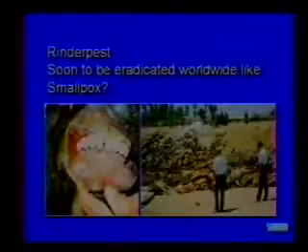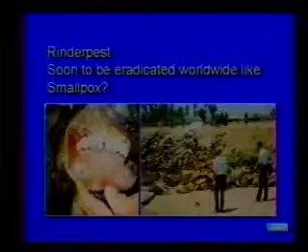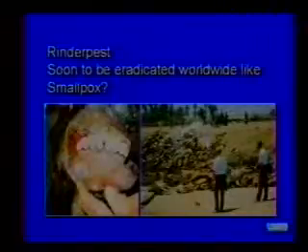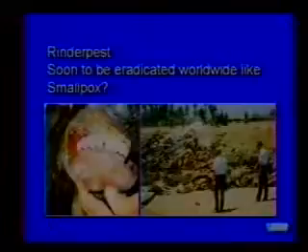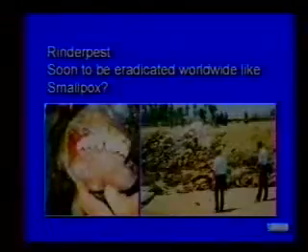Rinderpest causes, in contrast with foot and mouth disease, which does not cause extensive death but, as you all know, causes a protracted convalescence, rinderpest kills, and about 80 to 90% of cattle can die during an epidemic. Here on the right you see dead cattle in Iran in the late 60s during an epidemic of rinderpest.